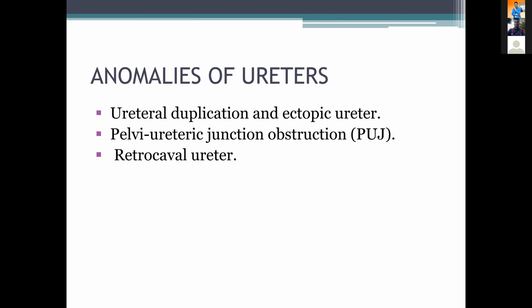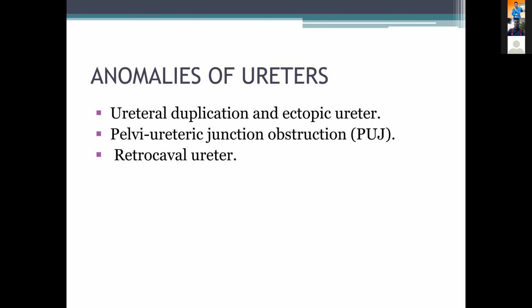We can also have ureteropelvic junction obstruction. And we know that after the calyces, you have the pelvis and then the ureter. So the junction between the pelvis and the ureter also may get obstructed. And then we have something called the retrocaval ureter. This one only happens on the right.